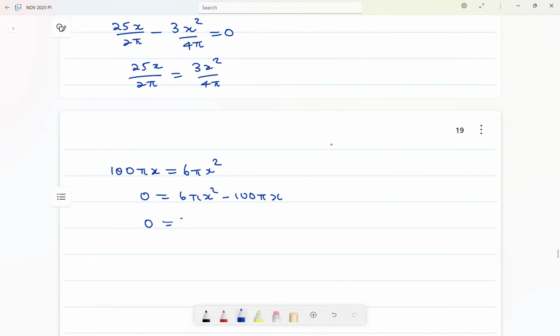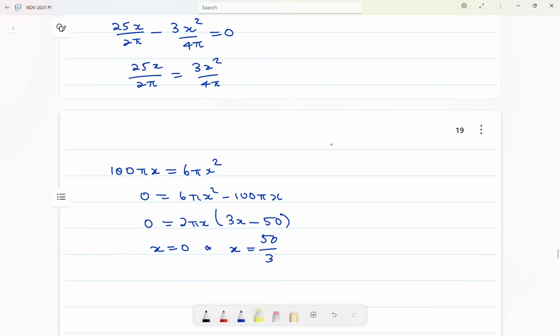The factor is 2 pi x. And then I'll just have 3x minus 50, and this will be equal to 0. So you'll have x equal to 0, because 2 pi x equals 0, or you have x being equal to 50 divided by 3.